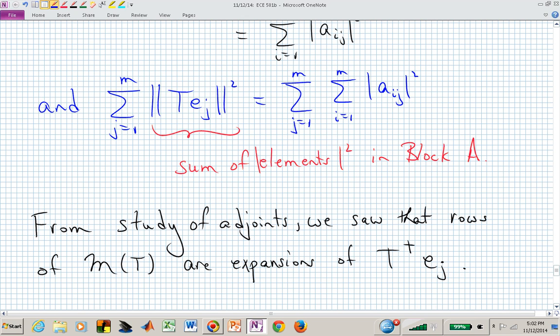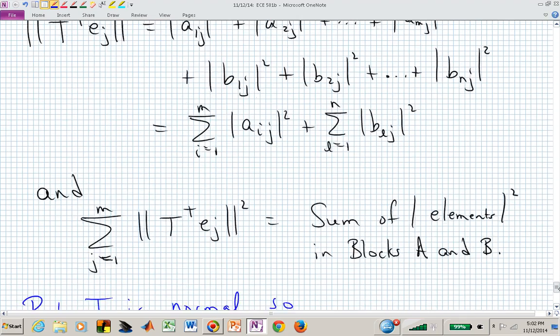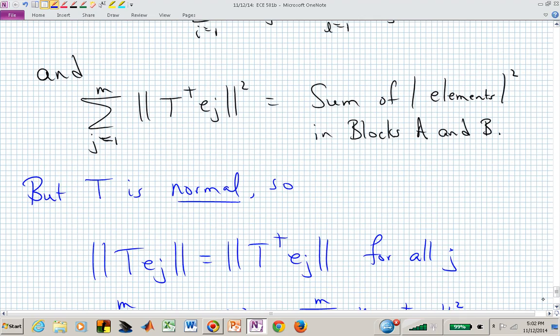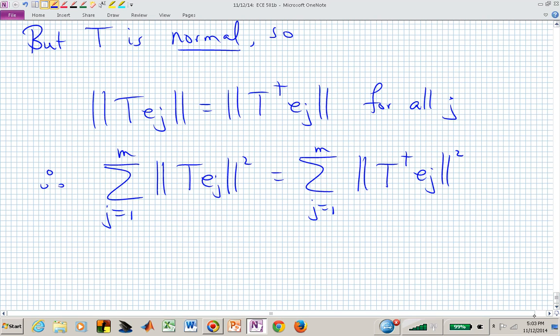This one, when we summed ‖T e sub j‖ squared, we just had all of the absolute values of the elements in block A squared summed up. Now, when we look at the adjoint of T e sub j, we get the sum of all the elements in block A and B absolute value squared. But now we're saying that those two sides have to be the same.